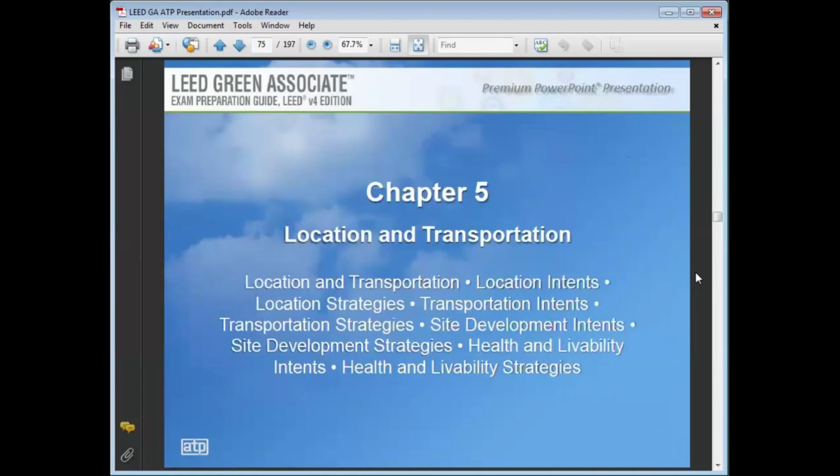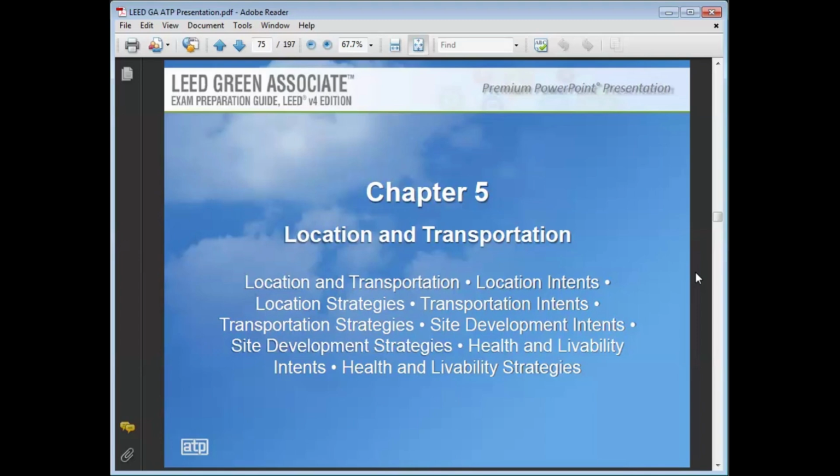Okay, so we will start with the first unit, which is location and transportation. This is a very important unit because in the design of buildings, with respect to the selection of site, and apart from selection, accessibility to the site is very important.